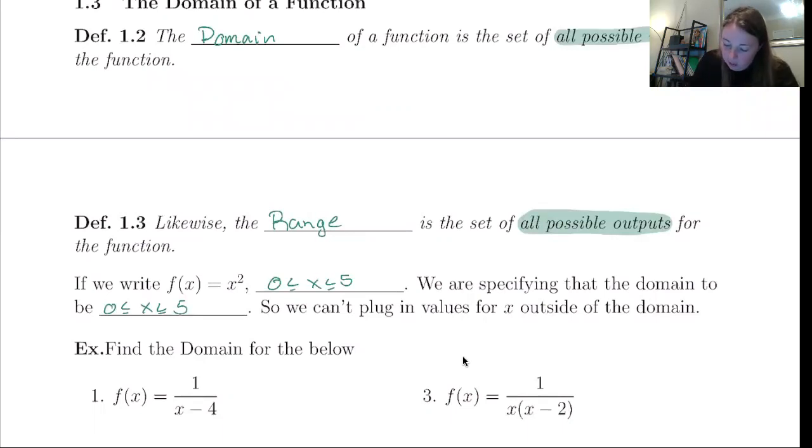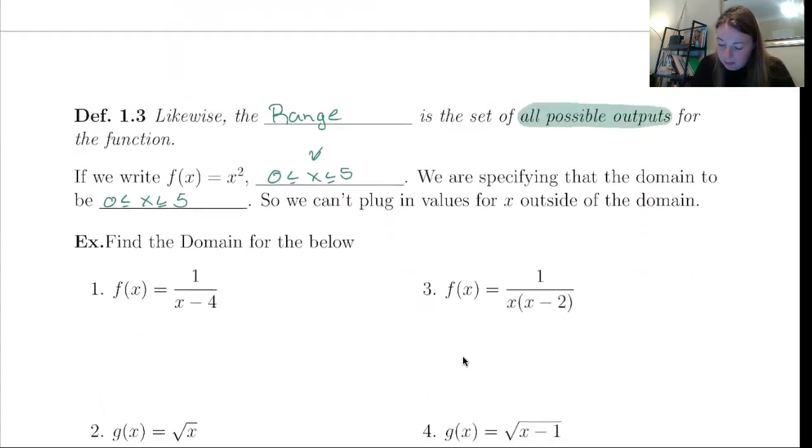So when I write a function, comma, an interval like that, it's usually expressed in set notation with those inequalities. It really means that we can't plug in values for x outside of that domain. I'm just looking at that specific little moment. Okay. And that's really important when we talk about specific properties of functions in a little bit.